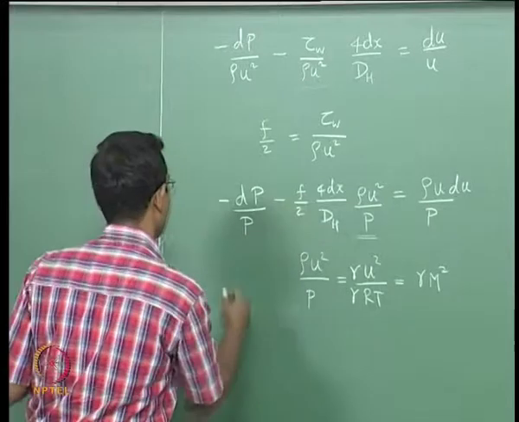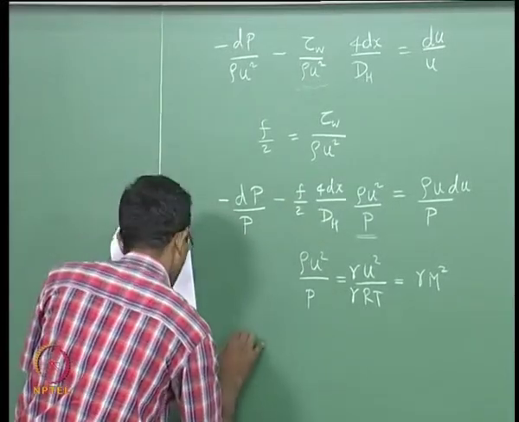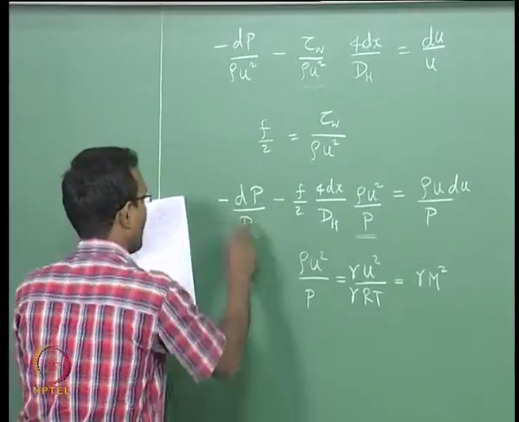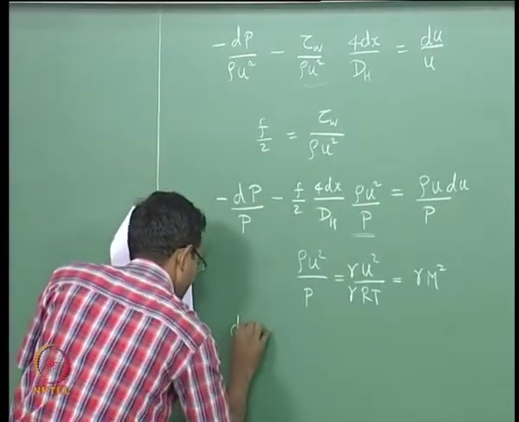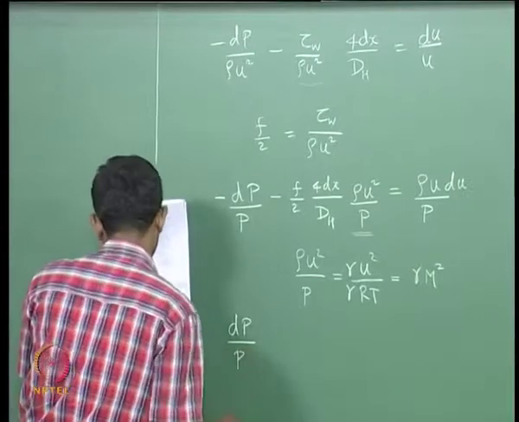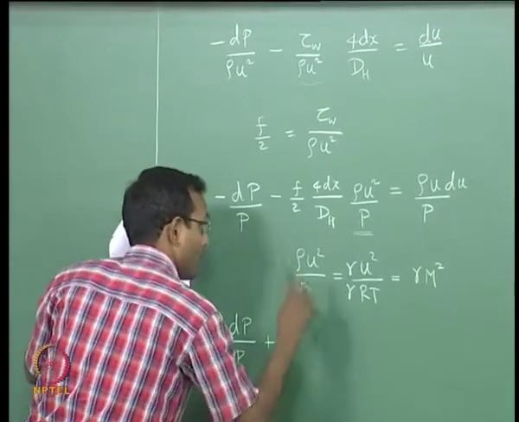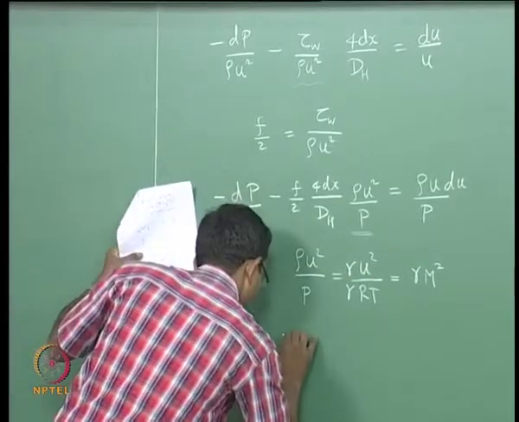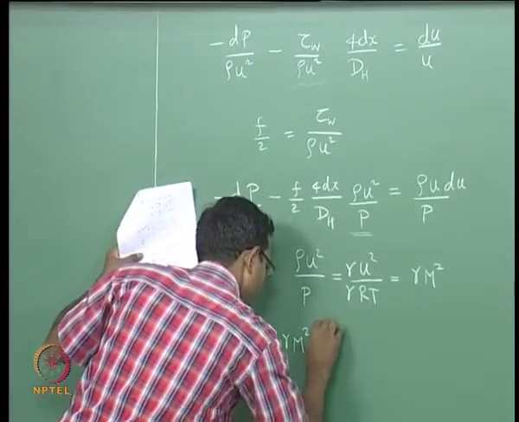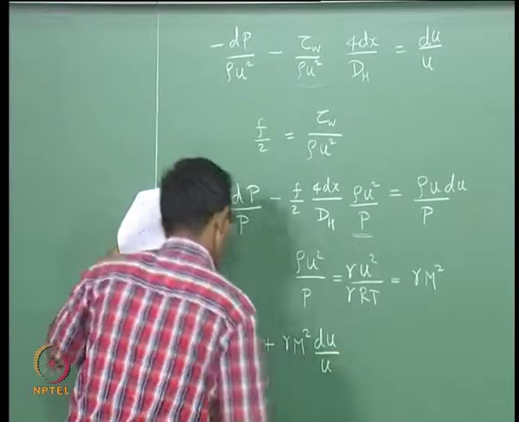So I can rewrite the whole thing, and I will take all the terms to one side of the equation, so that it will become a positive term: dp by p plus that rho u du by p, I will rewrite as gamma M square du by u.